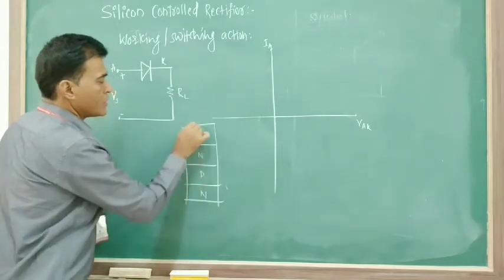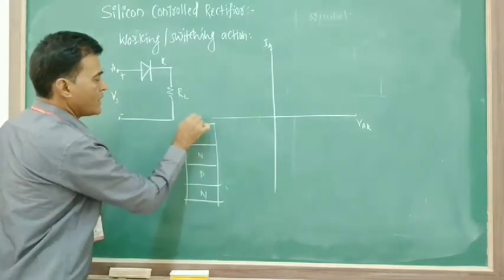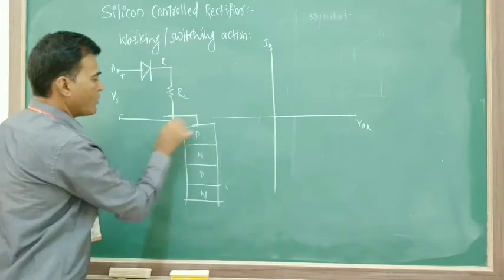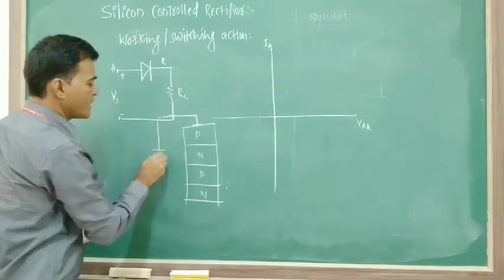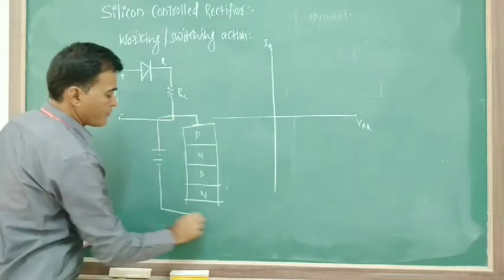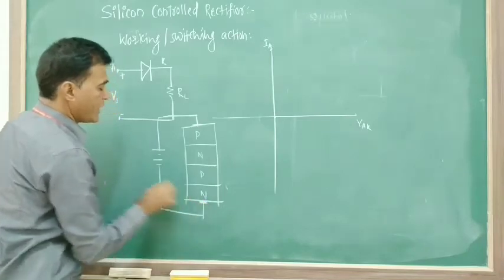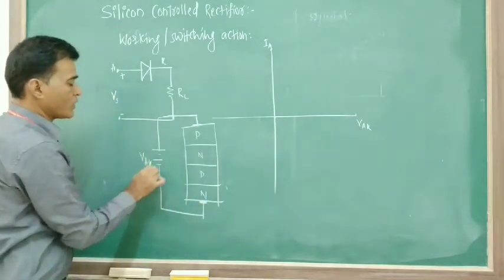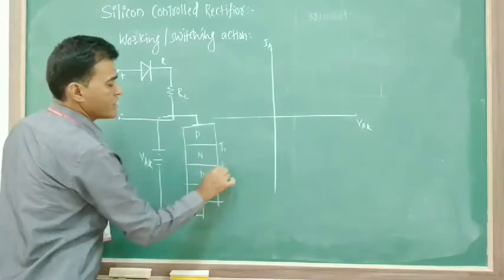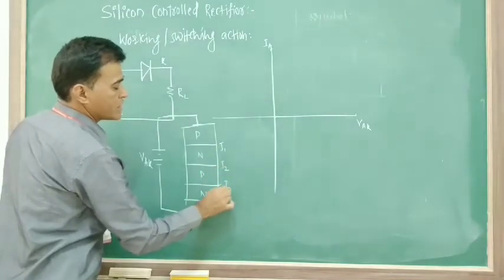P N P N. Here we are applying the voltage between anode and cathode. The anode is connected to the positive and the cathode is connected to the negative. So this is nothing but the anode to cathode voltage. This is junction J1, junction J2, and junction J3.